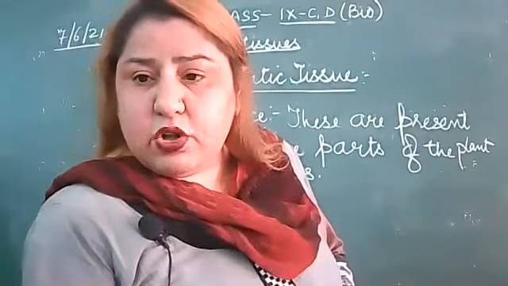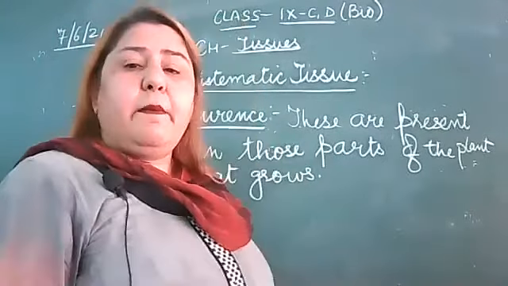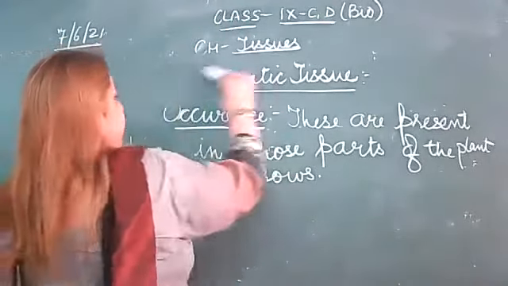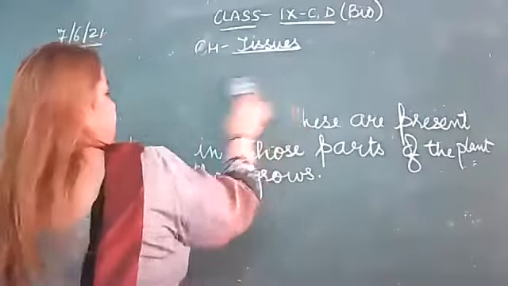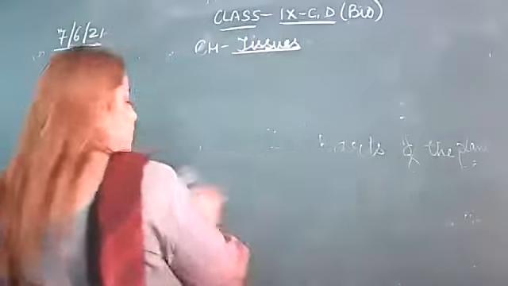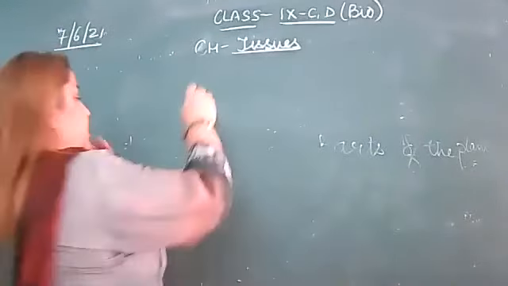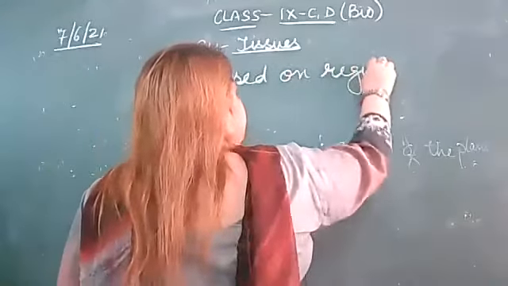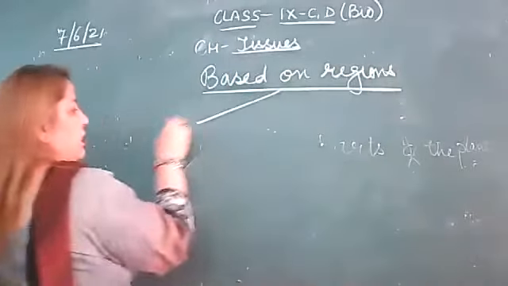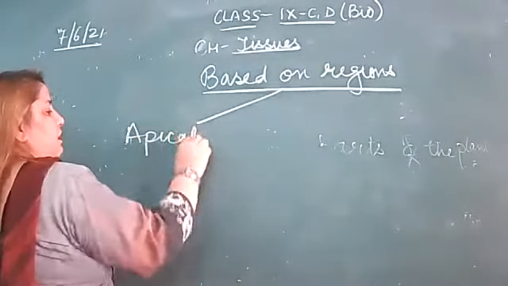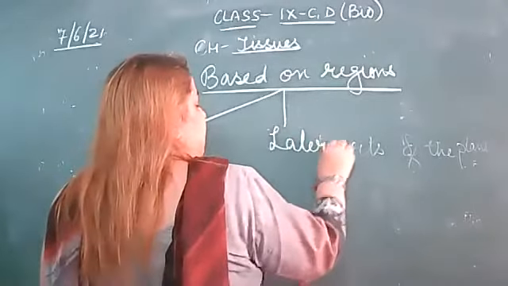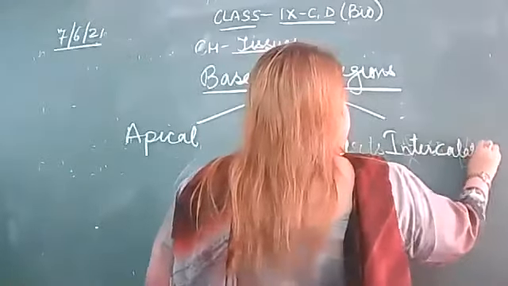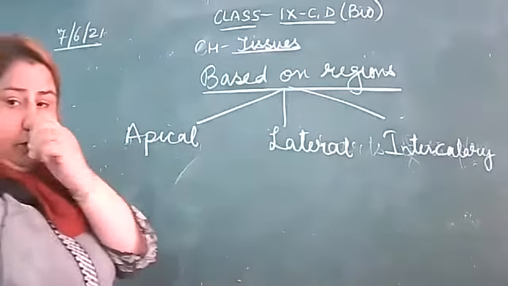That means based on the regions, meristematic tissue is further divided into three types: apical meristematic tissue, lateral meristematic tissue and intercalary meristematic tissue, right?